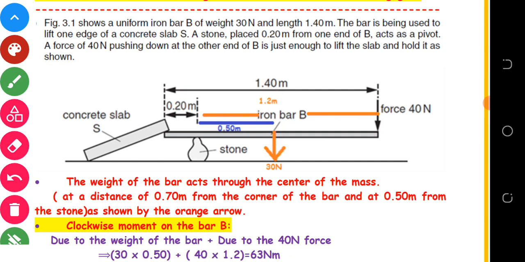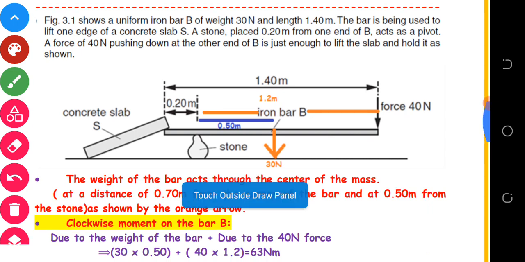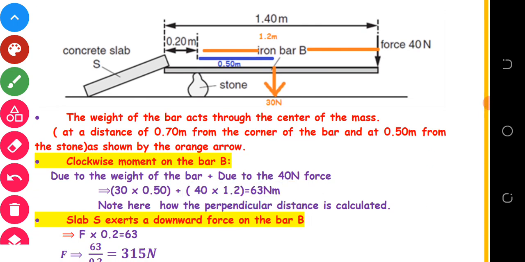Now we want to check whether this object is in equilibrium. So what do we do? We have to identify the clockwise moments and the anti-clockwise moments. So we look at the forces that are acting in this scenario.